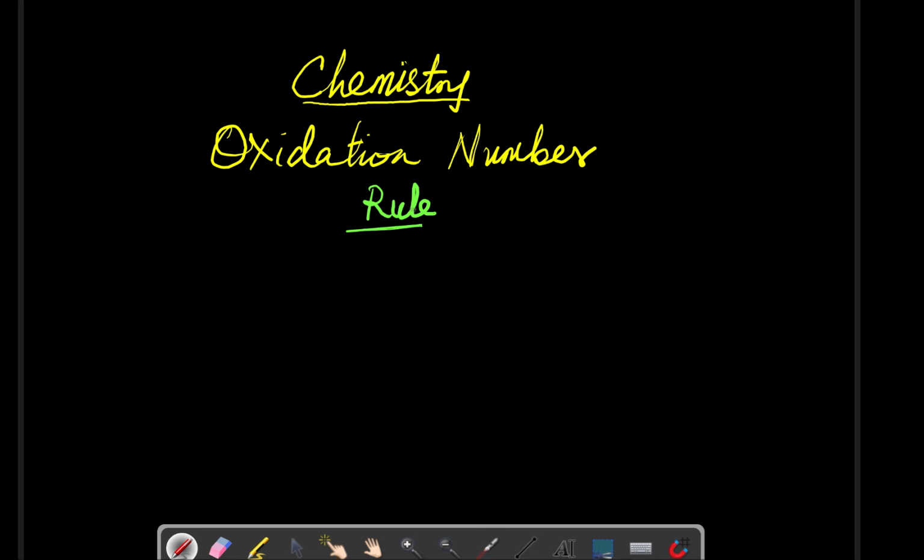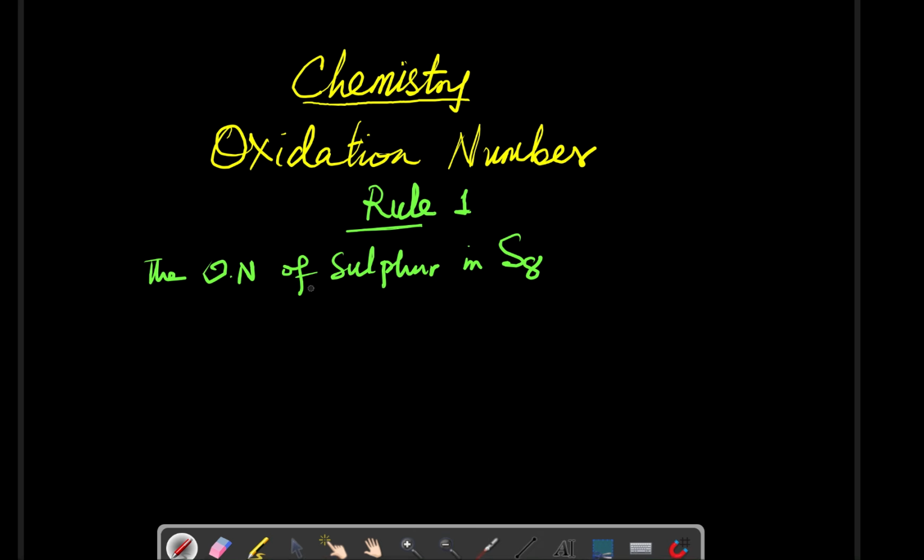Now, for rule 1, if they ask you to find the oxidation number, we use ON to represent oxidation number. If they ask me to find the oxidation number of sulfur in S sub 8, remember we define the oxidation number of sulfur in this particular molecule of sulfur.